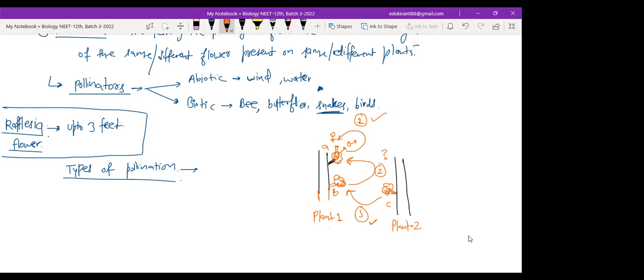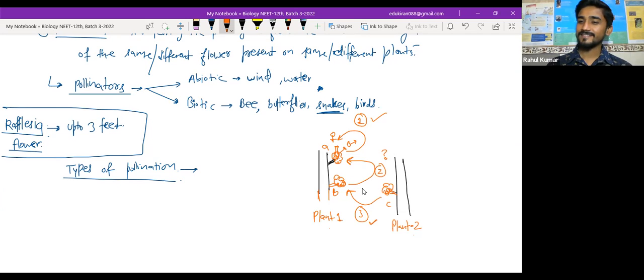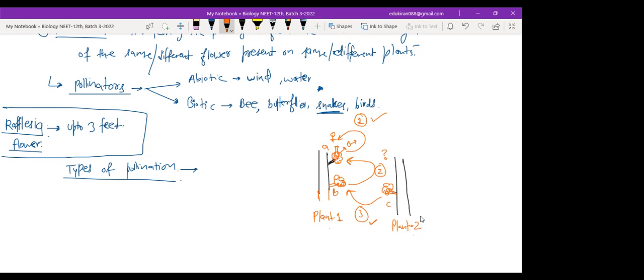I'm here. It's cross pollination. Do you think it's cross? But I can just argue that the plant is the same. How is it cross? But if you say it's self-pollination, then Arpit can come in and argue that there are 2 different flowers. Then how is it self? Correct? Sir. Yes, Arpit. What is the way out?